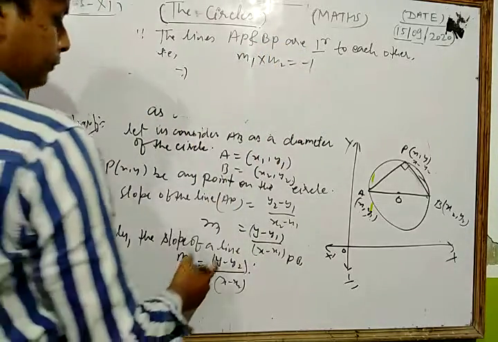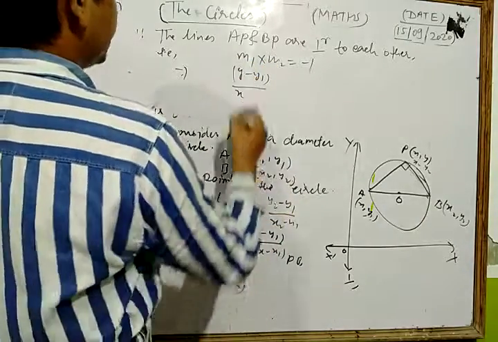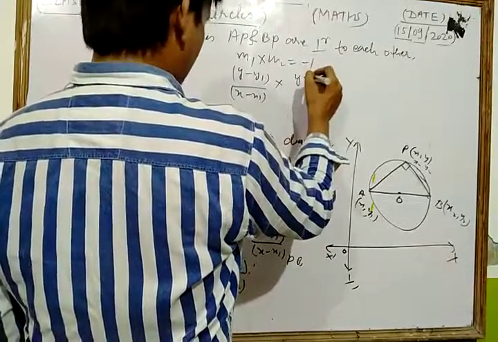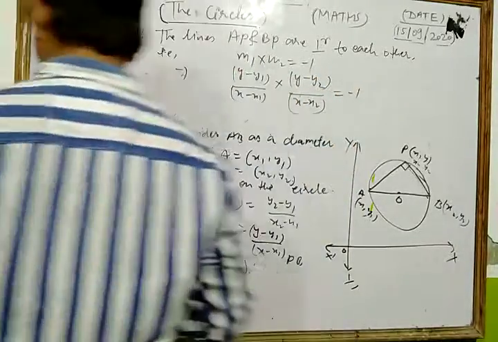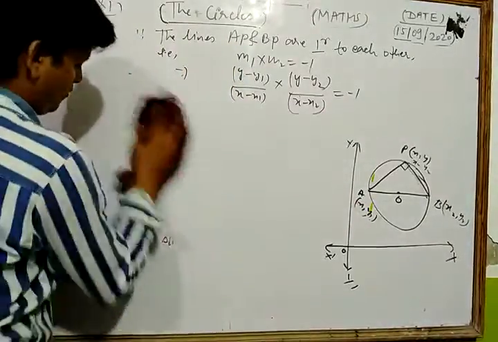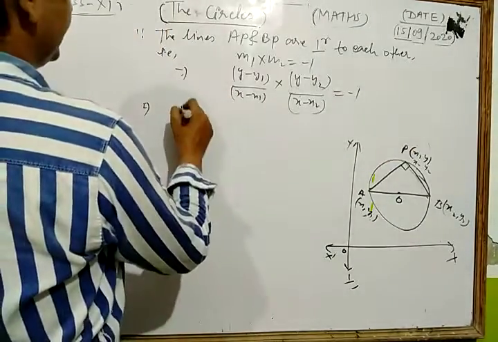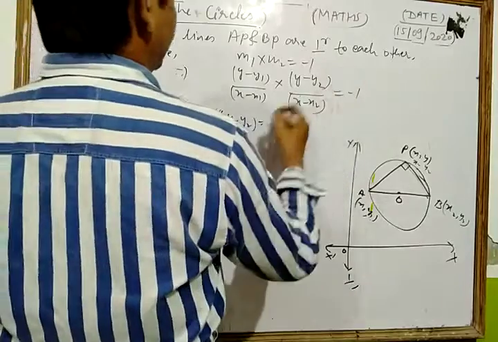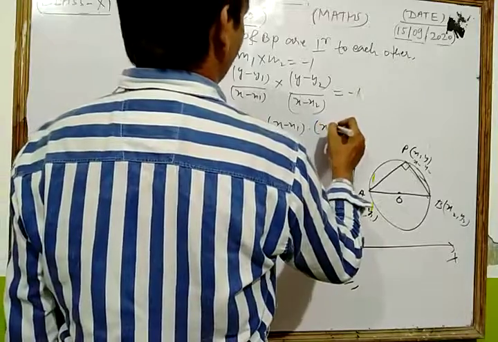Now we put the values of m1 and m2. That is, y minus y1 upon x minus x1 into y minus y2 upon x minus x2 is equal to minus 1. Thus, y minus y1 into y minus y2 is equal to minus x minus x1 into x minus x2.